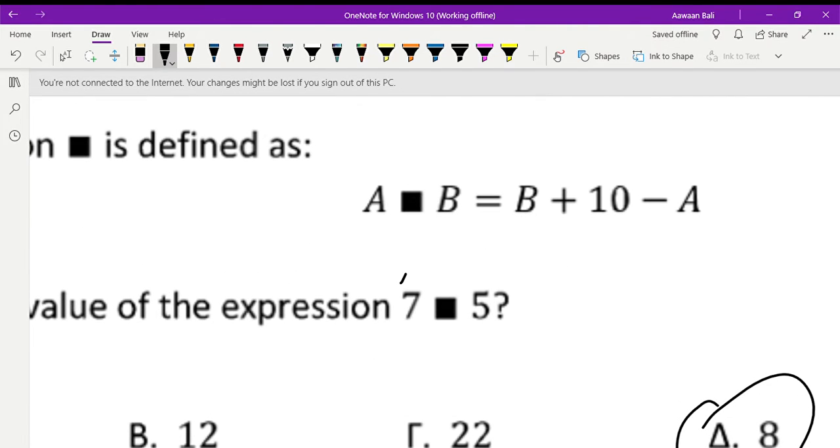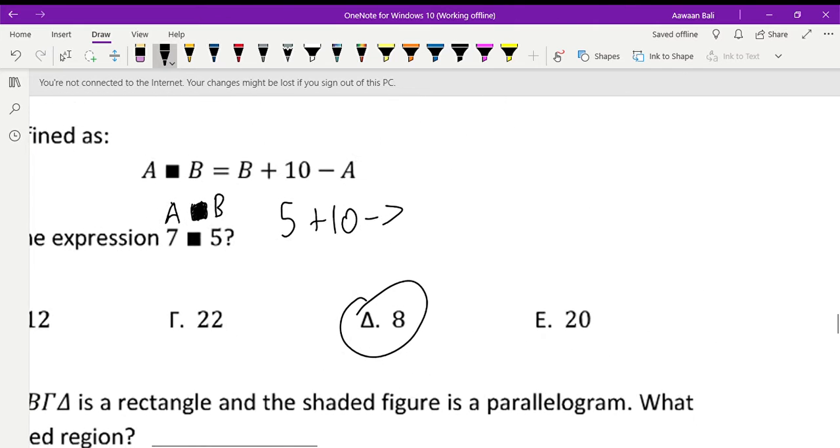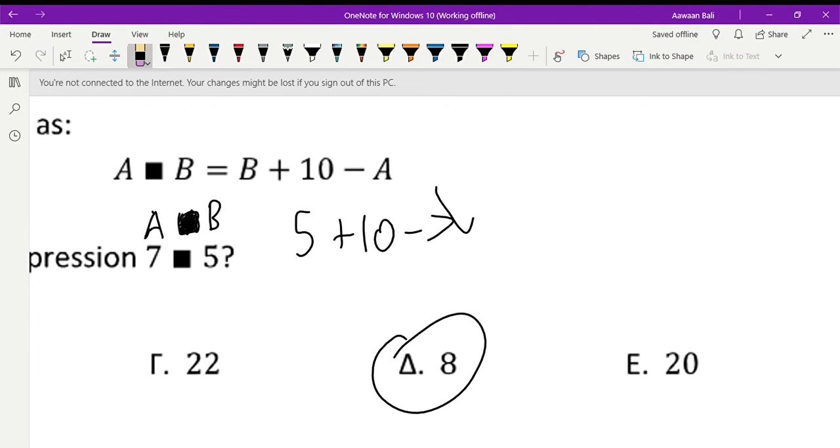Now if we substitute this, that means this is a and this is b. We can change that in. So basically, we're substituting, right? So we do 5 plus 10 minus 7. Now remember, when you do addition and subtraction, you don't have to do BODMAS because either way you get the same answer.